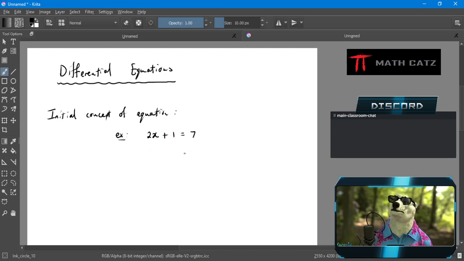That could come from a word problem or not, or just made up. You're practicing the algebra, whatever. This is our concept of an equation.